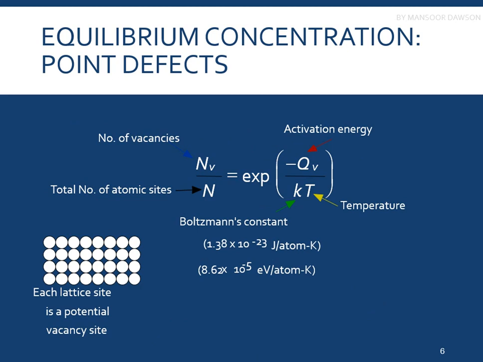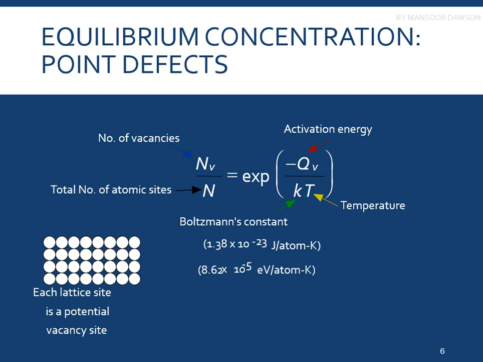Next we have equilibrium concentrations of point defects. If you want to find the number of vacancies, you use this formula: Nv over N equals the exponential of minus Qv over kT, where Nv is the number of vacancies, N is the total number of atomic sites, Qv is the activation energy, k is Boltzmann's constant, and T is the temperature.